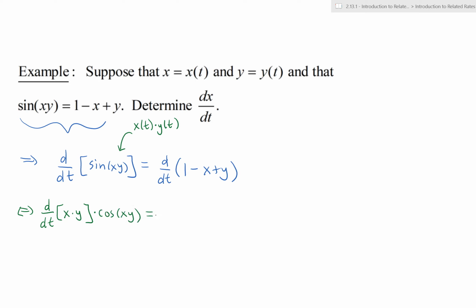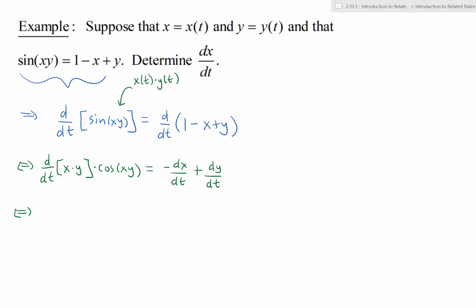On the right, the derivative of 1 with respect to t is 0. So we're going to get a minus dx/dt, because it's the derivative of x with respect to t with that negative sign. Plus, for a similar reason, dy/dt, the derivative of y with respect to t. Now, on the left-hand side, we still have some differentiating to do. We've got that product rule going into effect with the derivative of x times y.